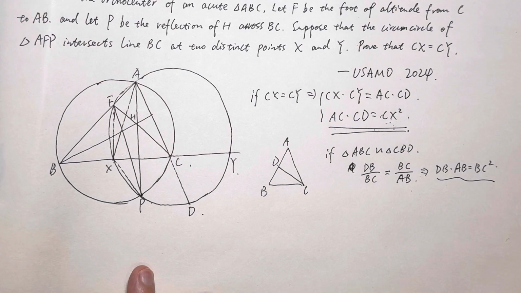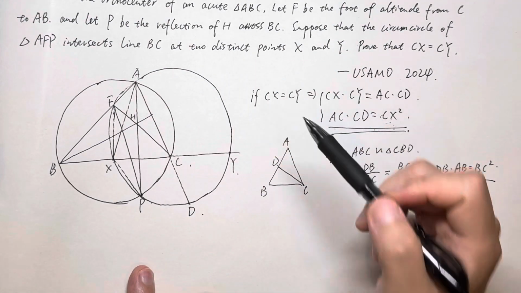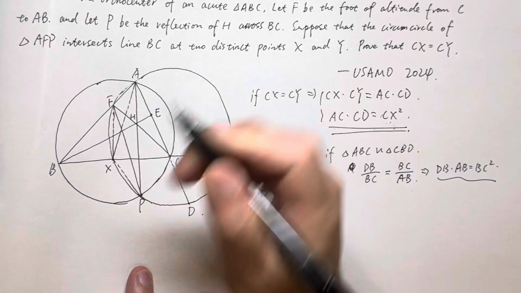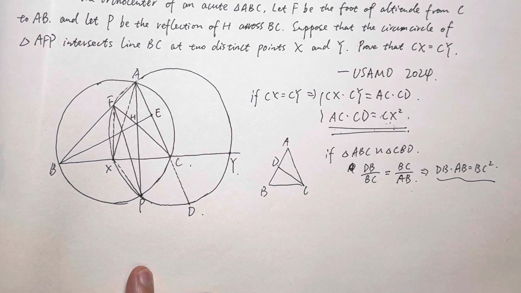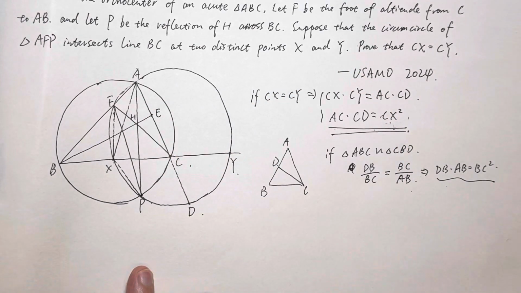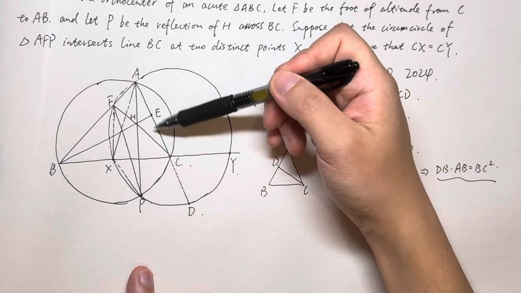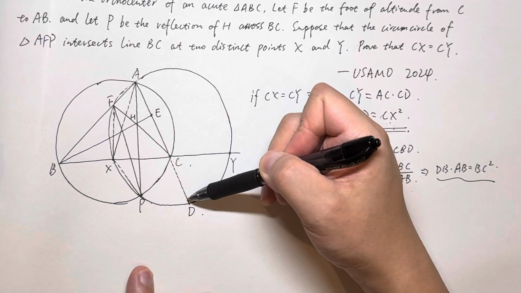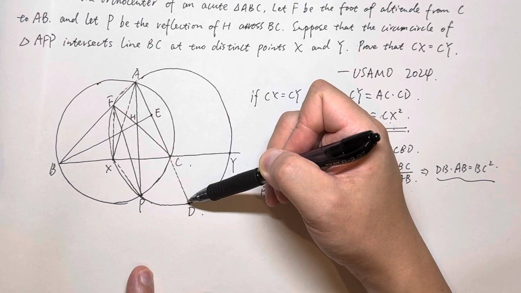right? But in the figure, we only have one point here. Let's call it E. It's inside the triangle ABC. And directly, you look at the figure, it looks like these two might be the same, right?